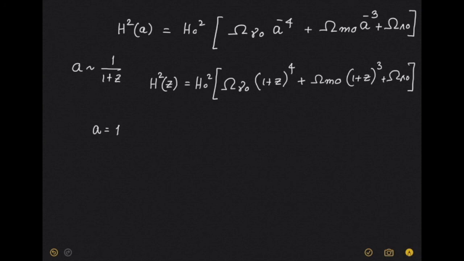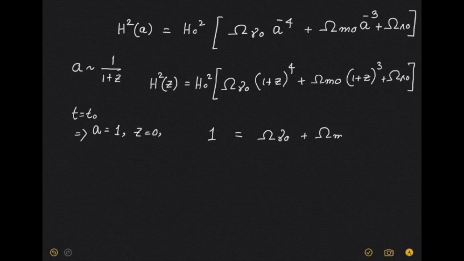What happens at A equals 1, t equals t0, which corresponds to A equals 1 or Z equals 0? You immediately see that the left hand side becomes h naught square. Here also I have h naught square. So if I divide h naught square by h naught square, I will get 1. And here the z's will be 0. So I will get just the summation of the 3 omegas.